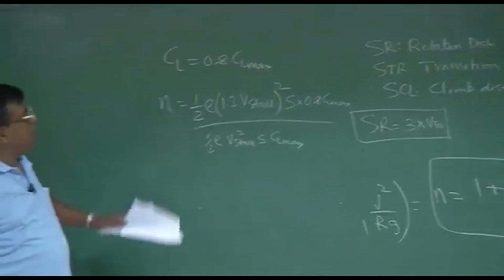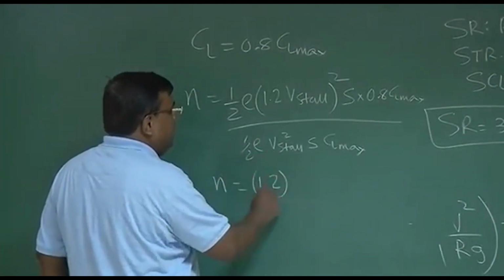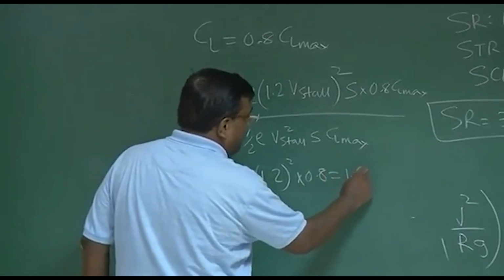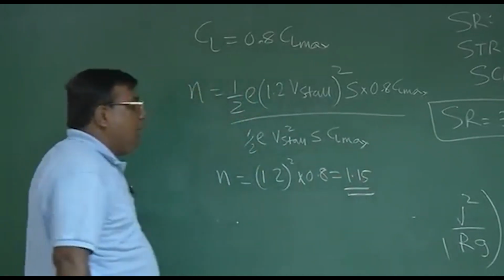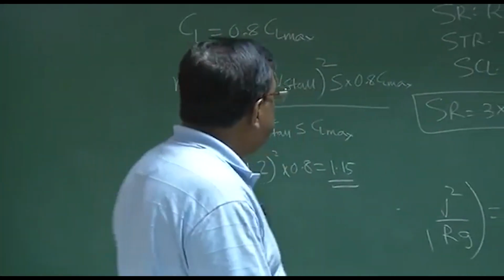If I see this ratio now, I will get N equal to 1.2 squared into 0.8, which is roughly equal to 1.15, just 15% more than the situation N equal to 1.